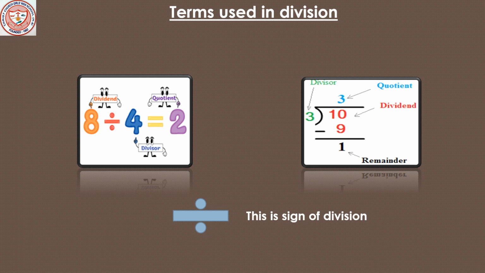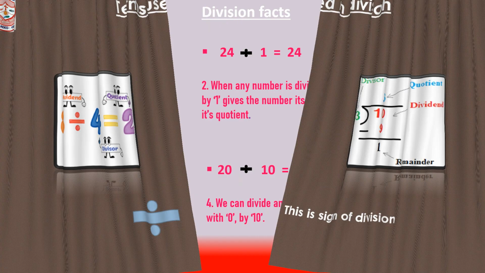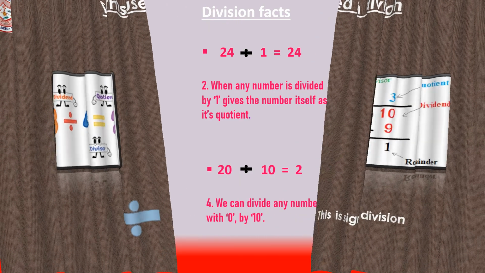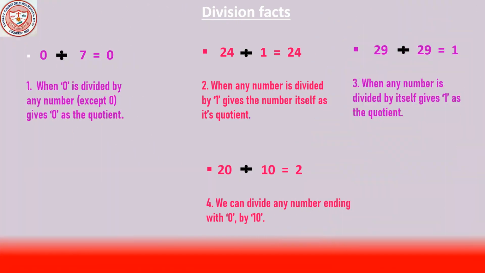Now, I hope you remember the sign of division. Yes, this is the sign of division. Now, let us quickly revise the facts or the properties of division. So, look at the example from your previous exercise. 0 divided by 7 is equal to 0.